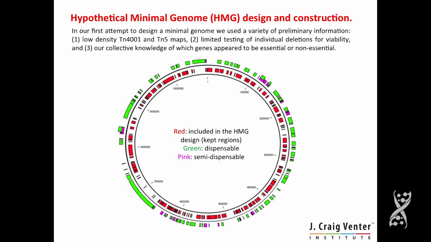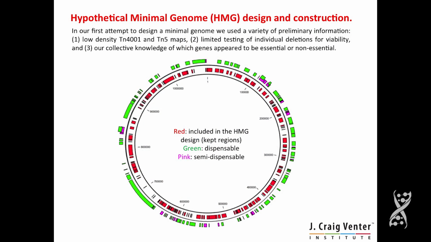So we sat down, we used all of our knowledge of biochemistry and molecular biology. We had a little bit of data from transposon mutagenesis and from deletion analysis. So we came up with a design.